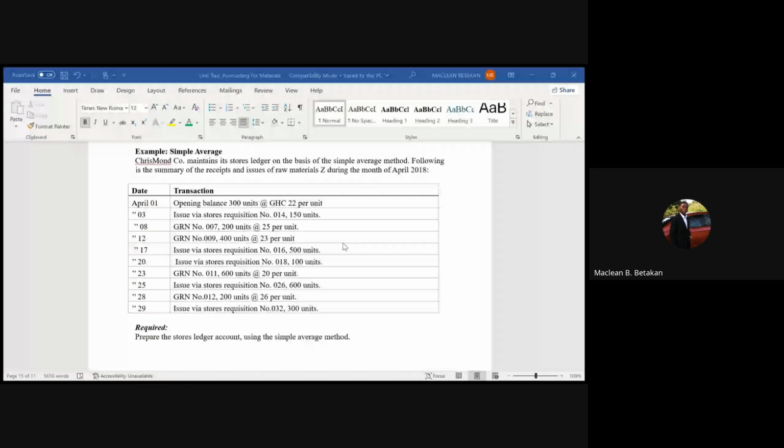Okay. So we have opening balance still 300 cities times 22, and then we have issued 150 units. So the only price we have is 22. So if we are using simple average, what will you do to get a price to issue out 150?